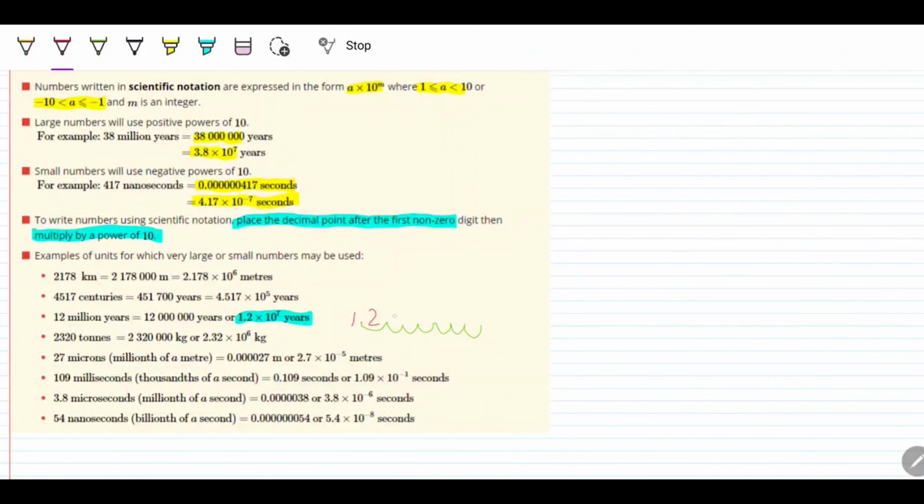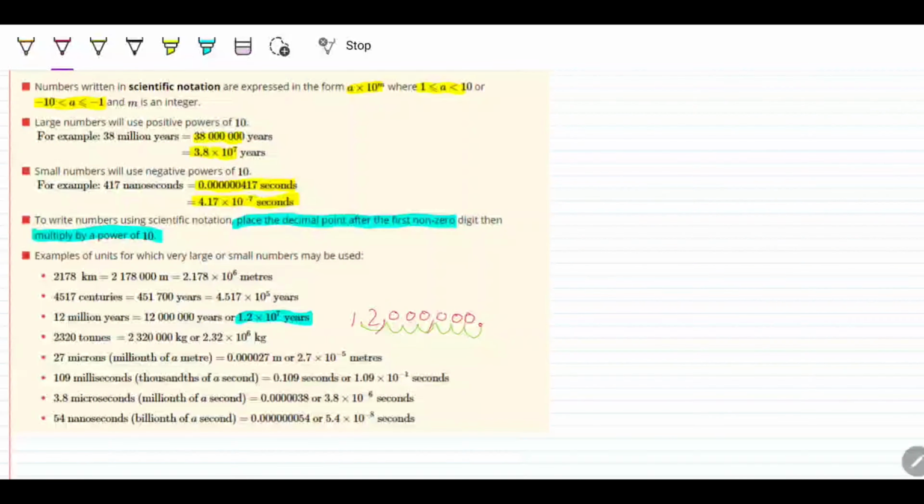Now we fill out the gaps with zeros, and that's where our new decimal point would go. As you can see, the comma goes here, and we get 12 million years. That's a good trick that you can use.